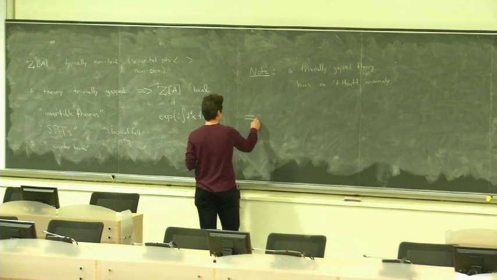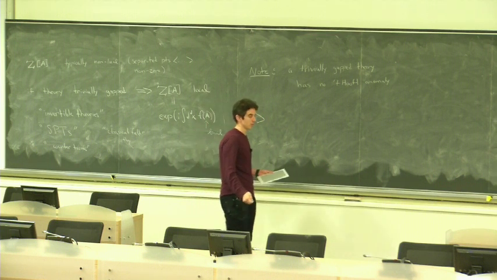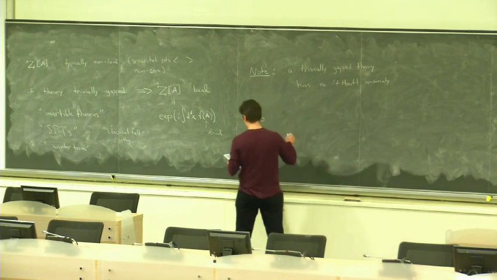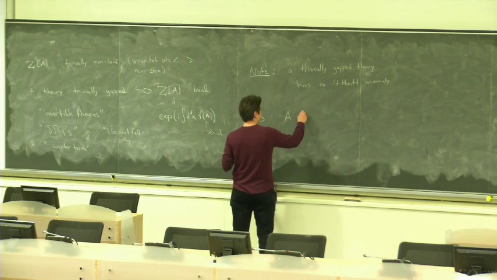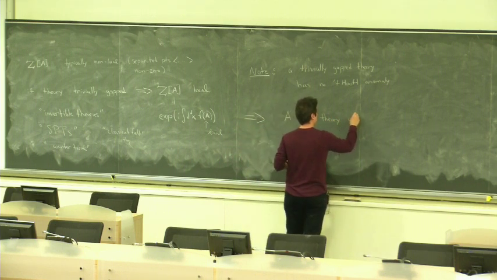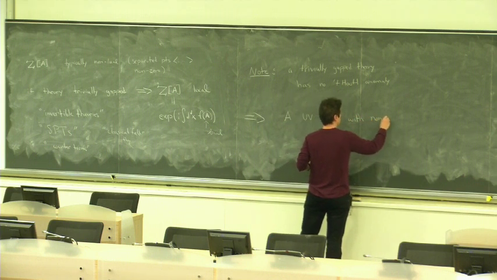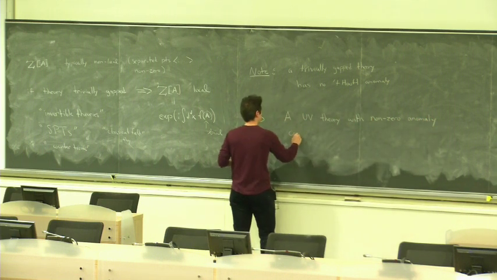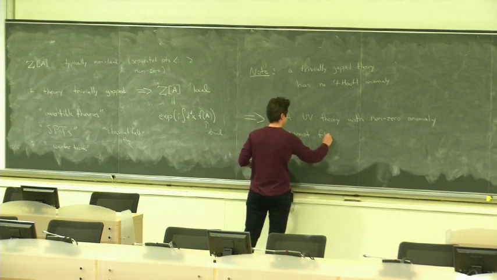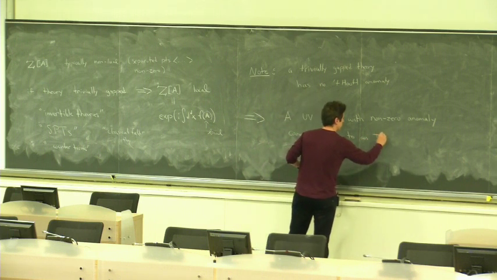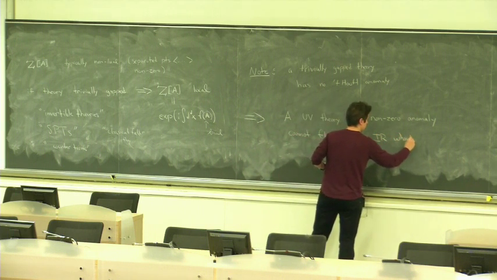Now, if we combine this with the RG invariance of anomalies that we discussed, we get a really basic fundamental conclusion, which is that a UV theory with non-zero anomaly cannot flow to an IR which is trivially gapped.